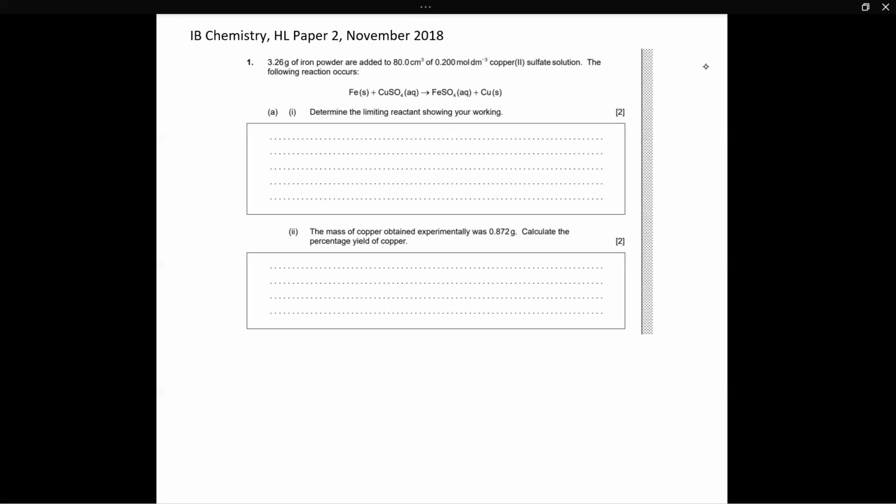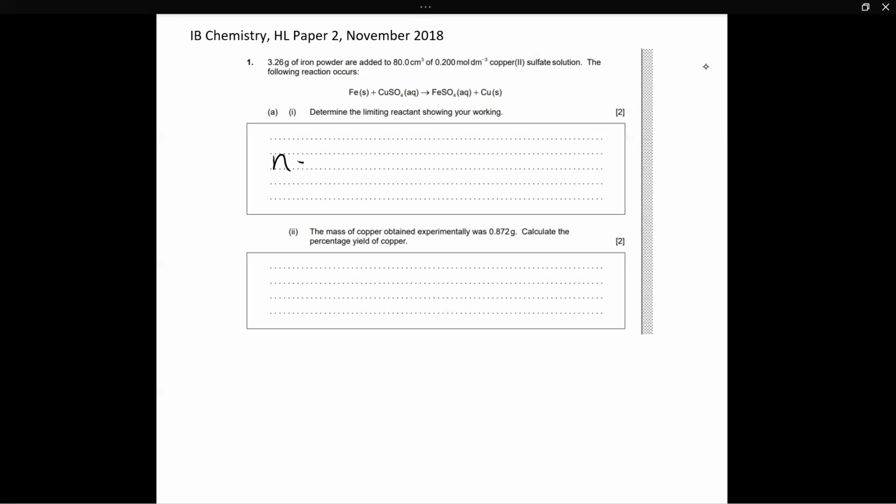Well, they have given us all the necessary tools to find the number of moles in the question itself. They've told us that 3.26 grams of iron powder is added to 80 cm³ of 0.2 mol dm⁻³ copper(II) sulfate solution. So we can find out how many moles of iron powder there are by looking at the mass in grams.